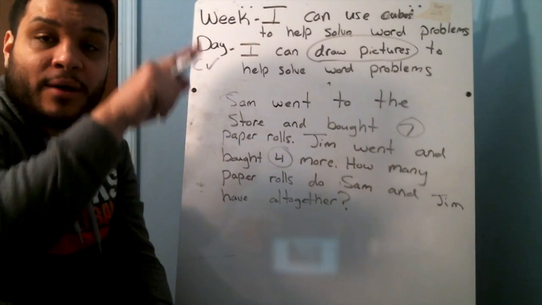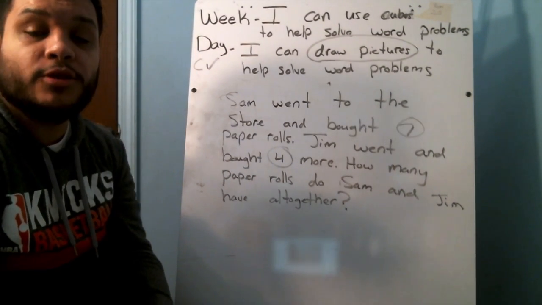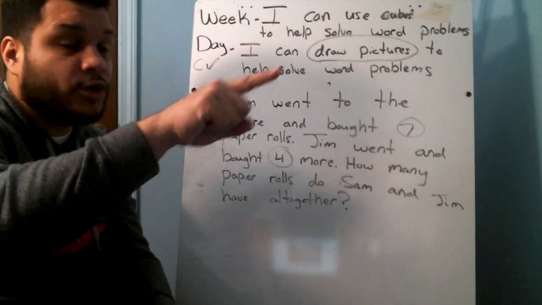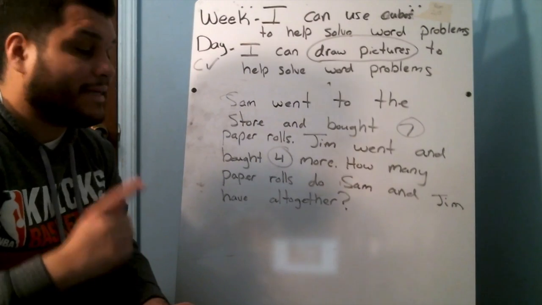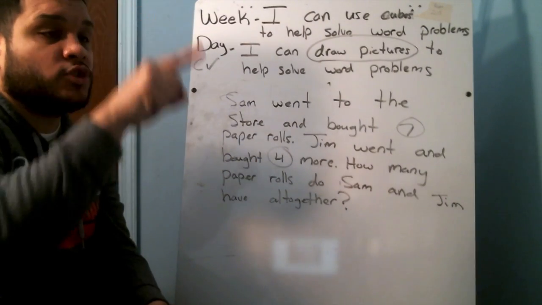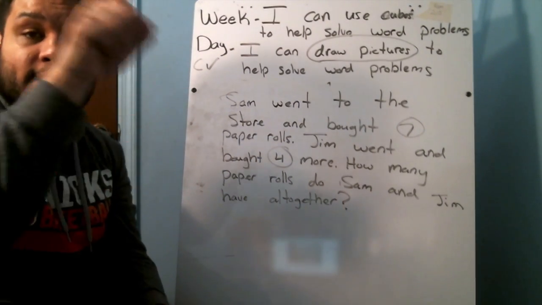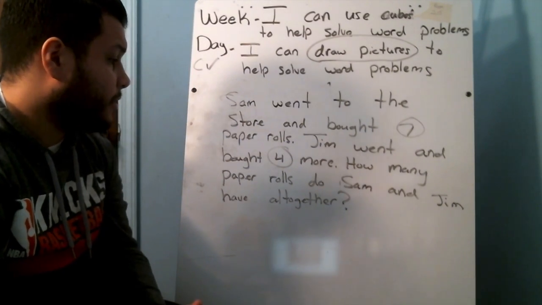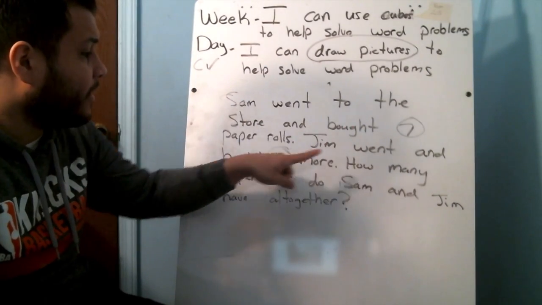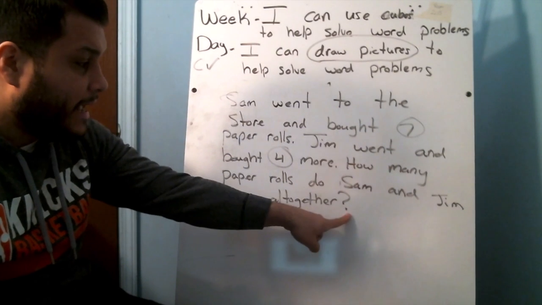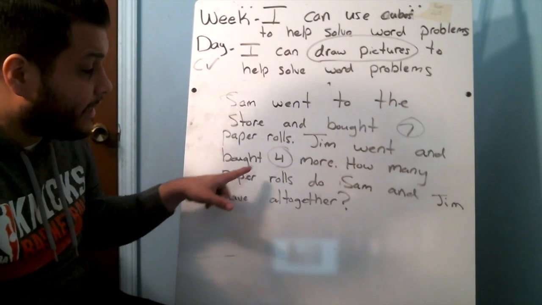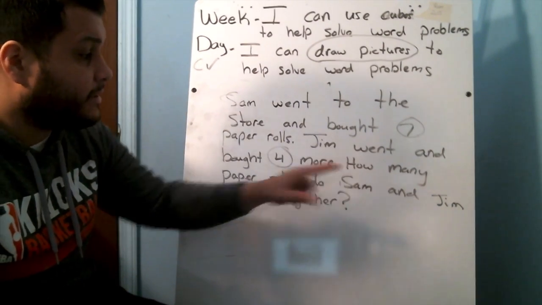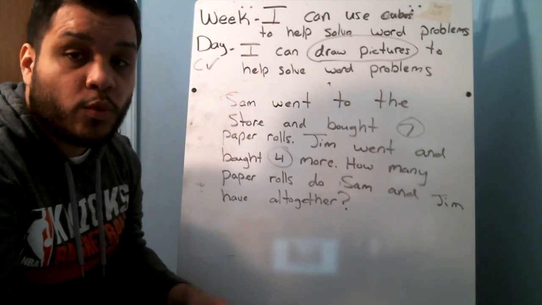Now we have our U. U stands for underline the question. We know a question has to end with what kind of punctuation mark? Yes, a question mark. So I'm going to look here and try to find a question mark. I found a question. Let's look at the beginning of this question to see if it starts with a question word.